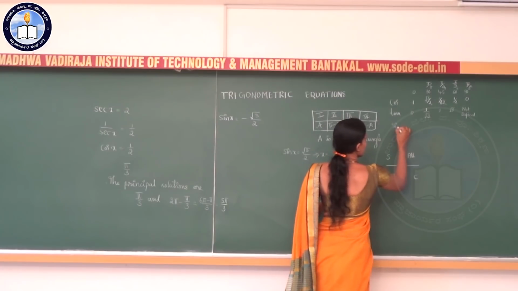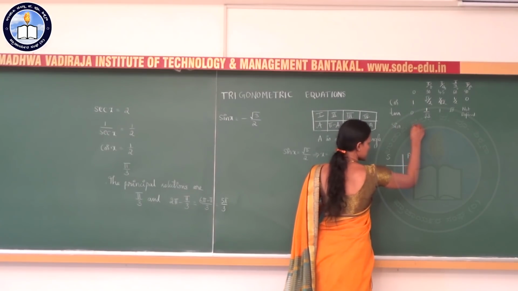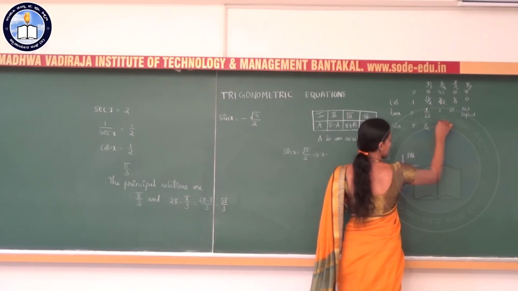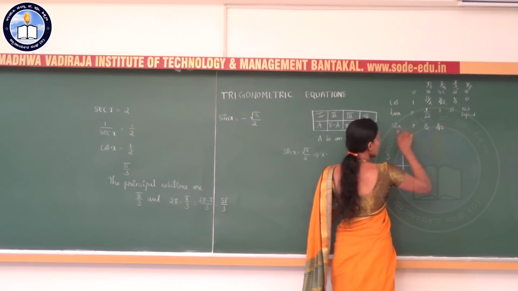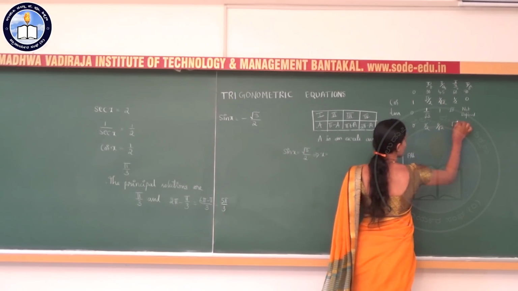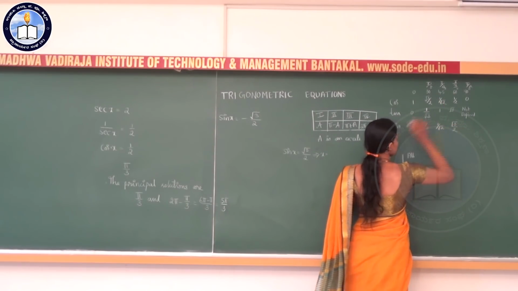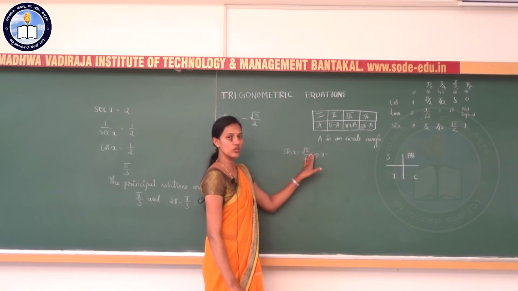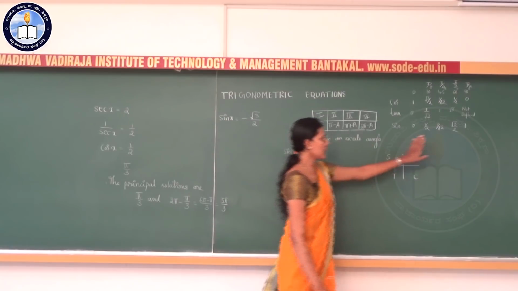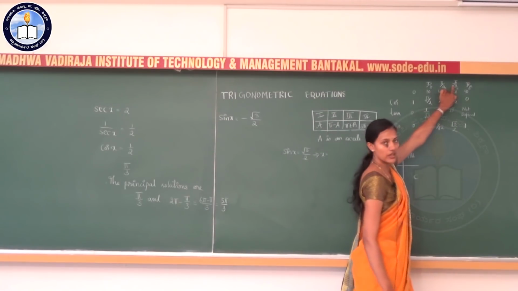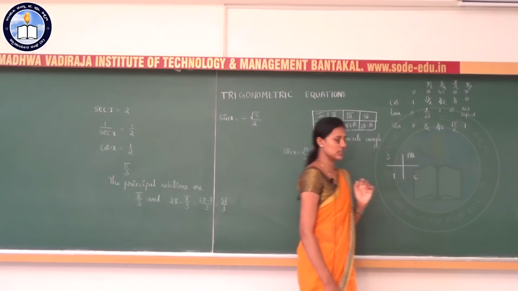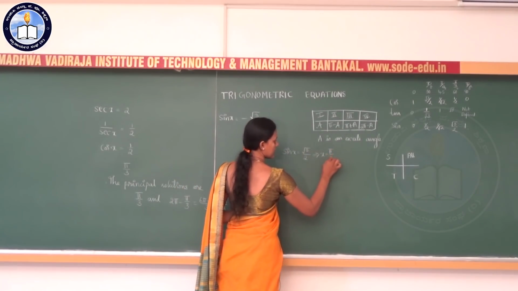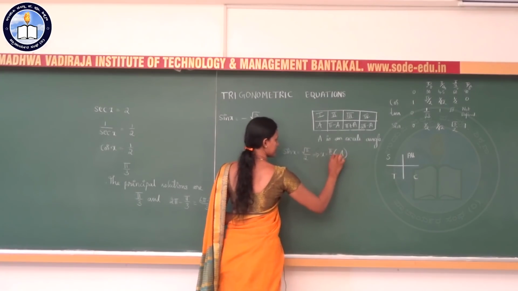We know that sin 0 is 0, sin of 30 degree is half, sin of 45 degree is 1 by root 2, sin of 60 degree is root 3 by 2, and sin of 90 degree is 1. So sin x is root 3 by 2 when x is pi by 3 or 60 degree. So here the acute angle is pi by 3.